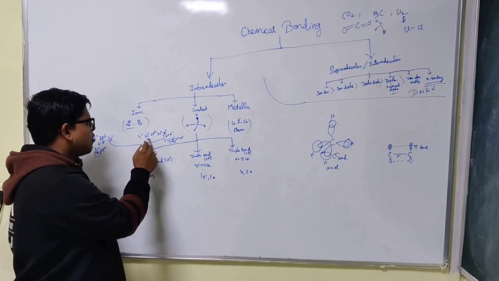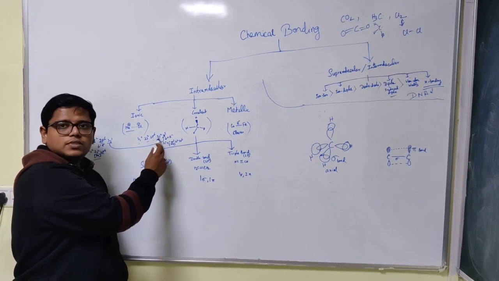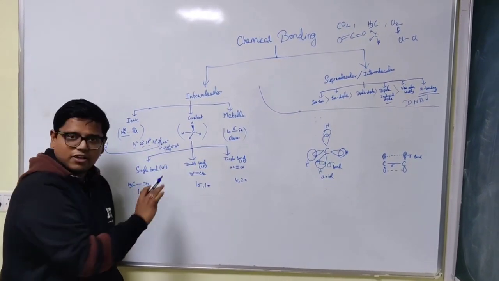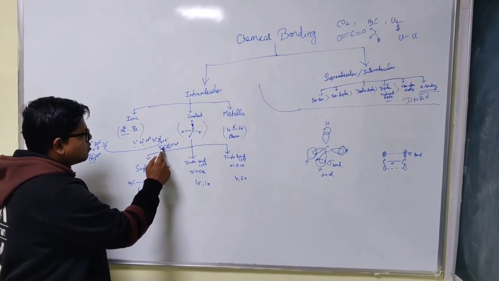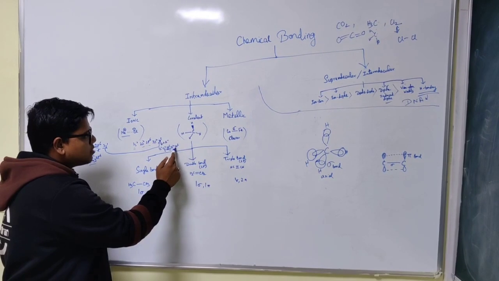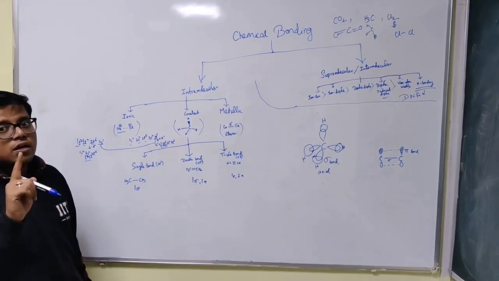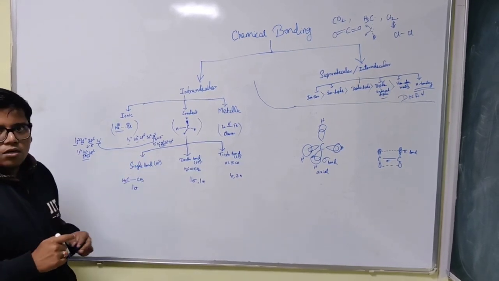Its electronic configuration is 1s2, 2s2, 2p6, 3s2, 3p5. If we add an electron, it becomes 1s2, 2s2, 2p6, 3s2, 3p6. That is the electronic configuration of another stable noble gas, argon.